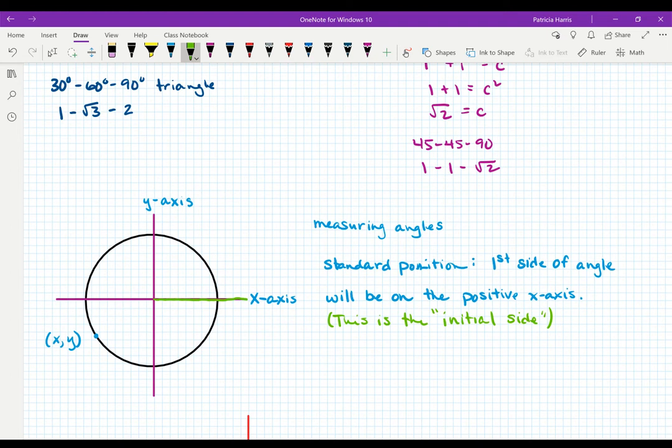So to be in a positive direction, we're going to go counterclockwise. Okay.